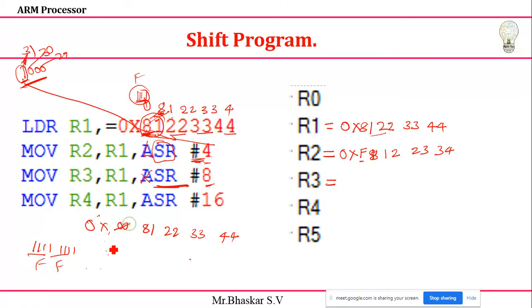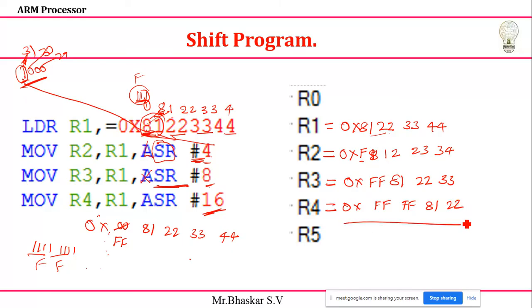So instead of 00, for arithmetic shift right it is FF: 0xFF812233. Clear? So similarly, just tell me for R1, 16. Double FF, that's all.